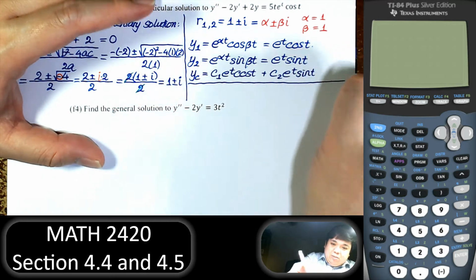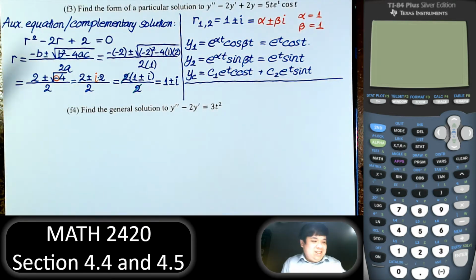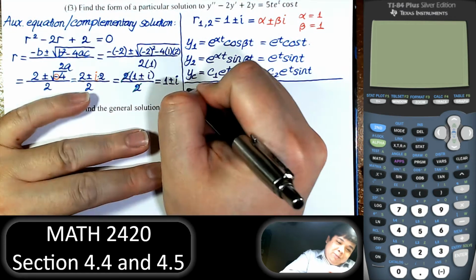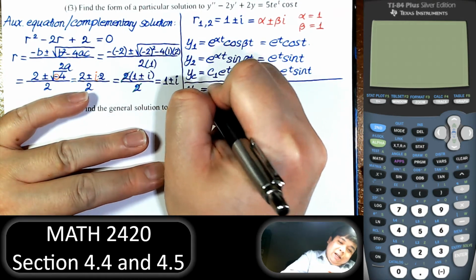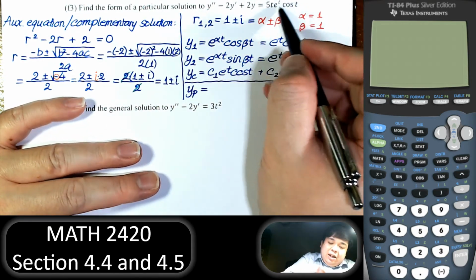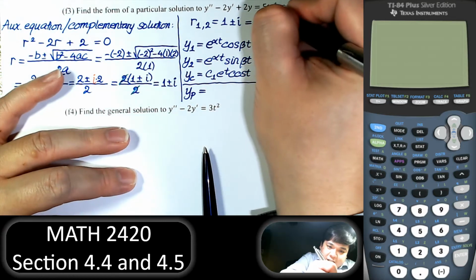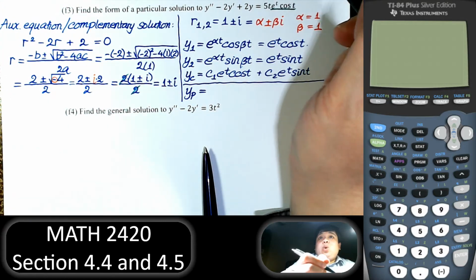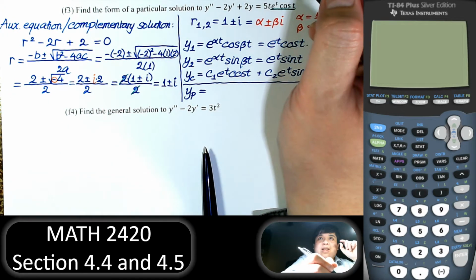Sorry, we only have this much space for the guess solution. So for yp, if we have to guess in that form, we will have e to the t cosine t, so it's going to be that times sine and cosine.